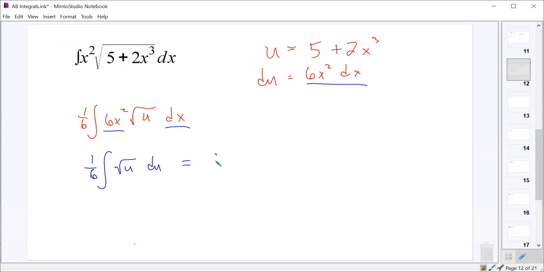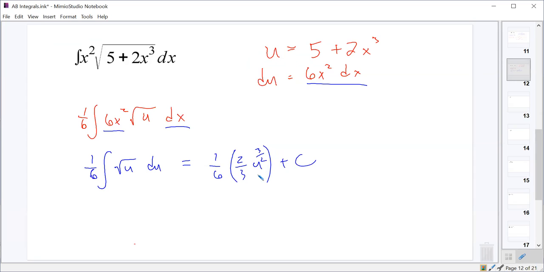And what do we get? 1/6 of what? What's the integral of root u, or u to the 1/2? 2/3 u to the 3/2, plus a constant.